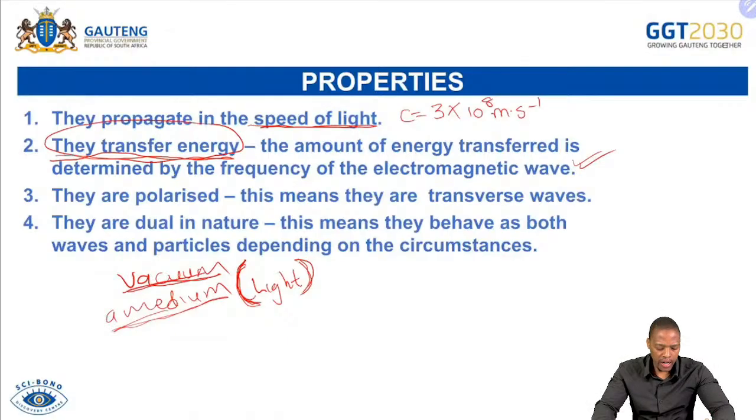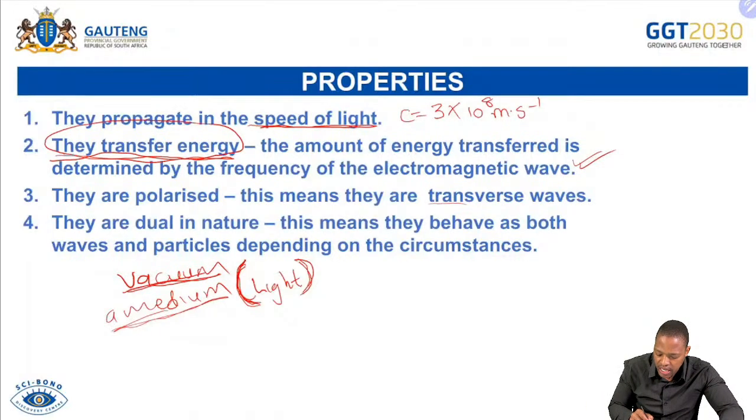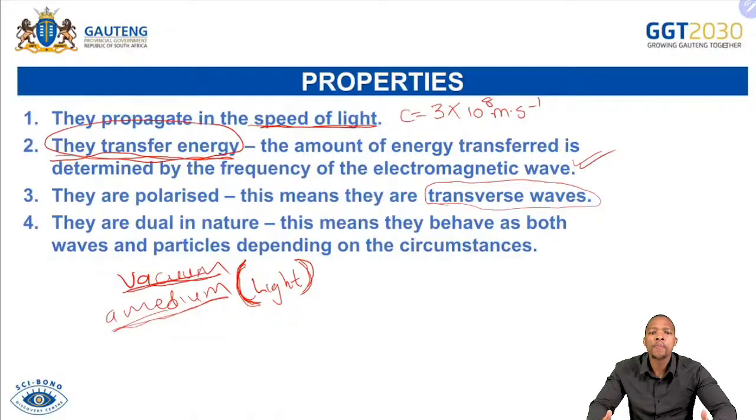So number 3, another property is that these electromagnetic waves are polarized, and by this we mean they are transverse waves. If you remember last year, we spoke of a transverse wave as just a wave, not in practicality. We spoke of longitudinal in grade 11, and in practicality we spoke of longitudinal in terms of sound waves, but we also spoke of a transverse wave, not in practicality.